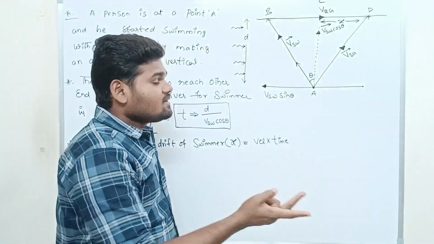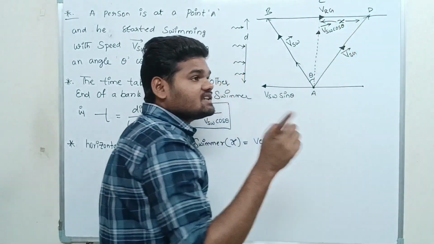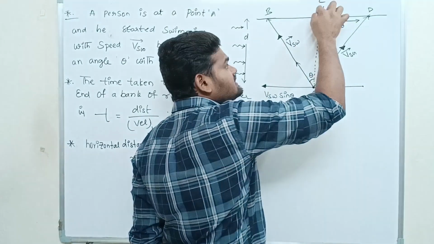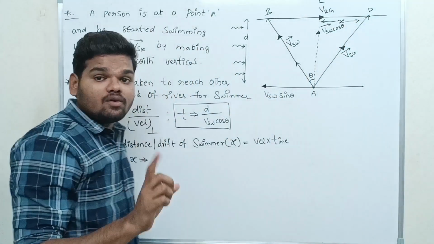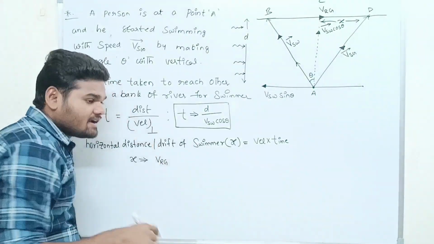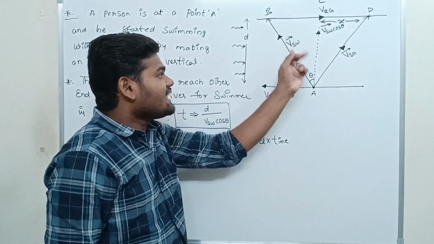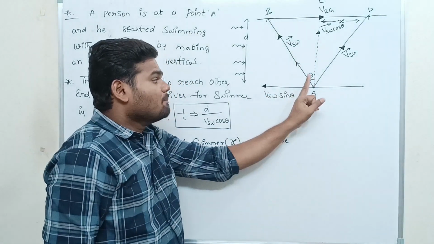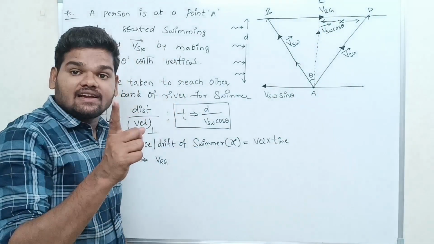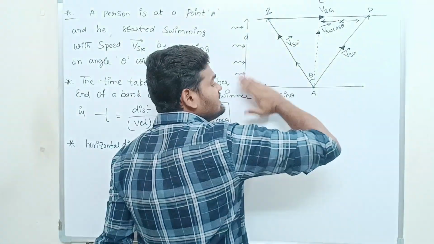What I told you in a previous concept: whenever you are writing the equation for drift, which velocity do you have to consider? We have to consider the velocity of river with respect to ground. But in this case, when he started moving in this direction by making an angle theta with the vertical, we got one more component of this velocity in this direction.